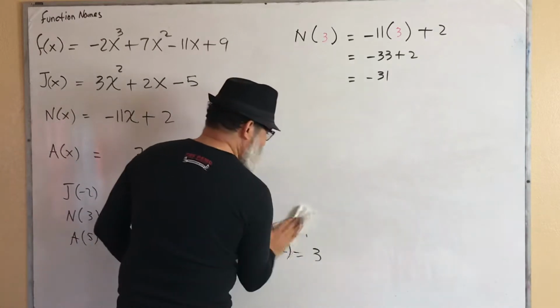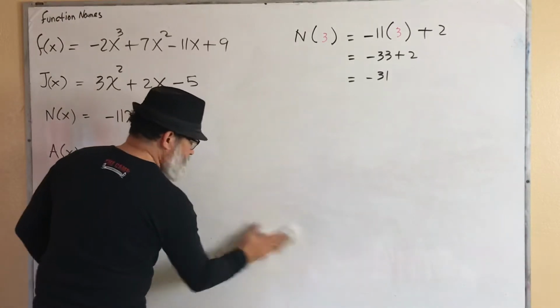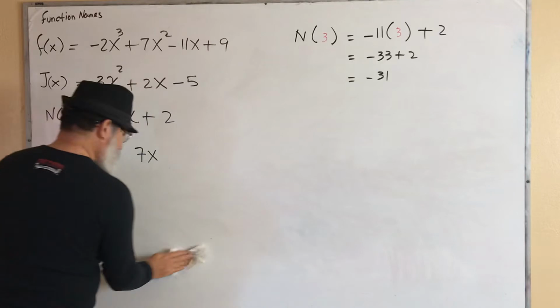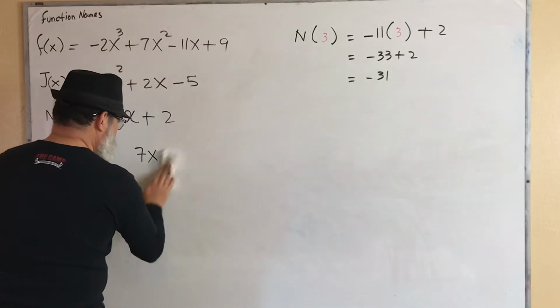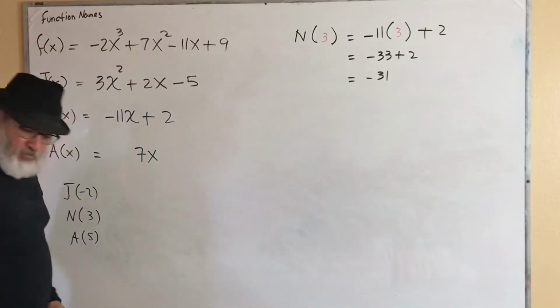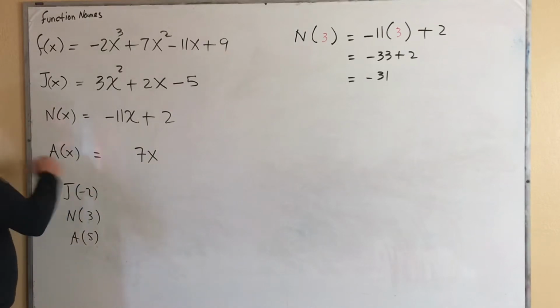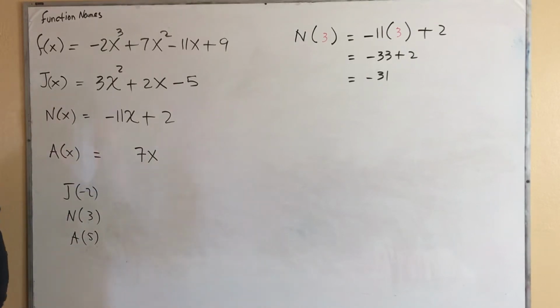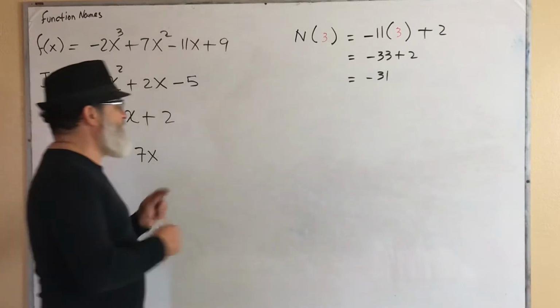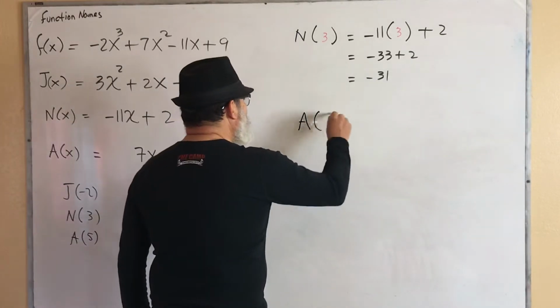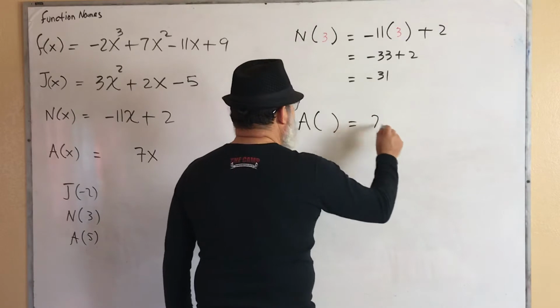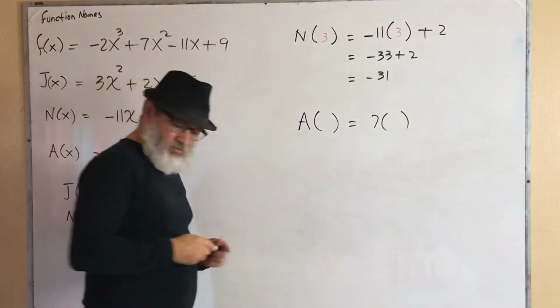Let's finally do Anna of 5. Anna is a lonely term. It's a monomial, one term. So Anna of x equals 7 times x.